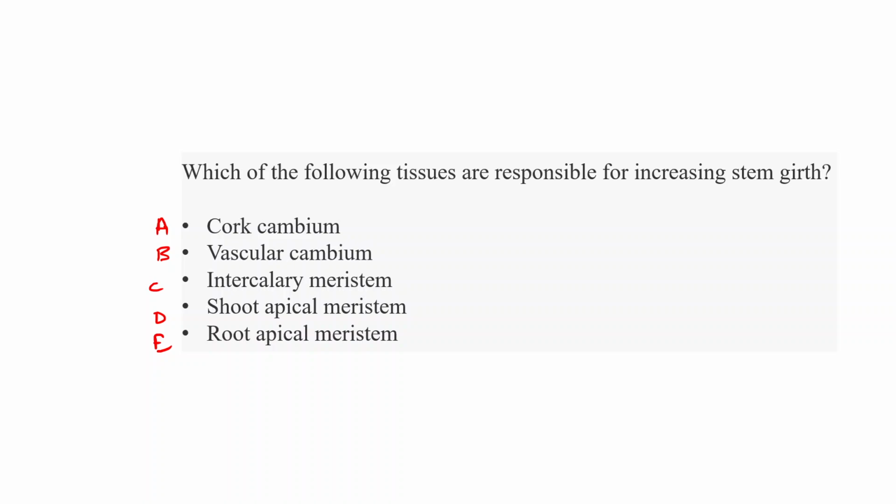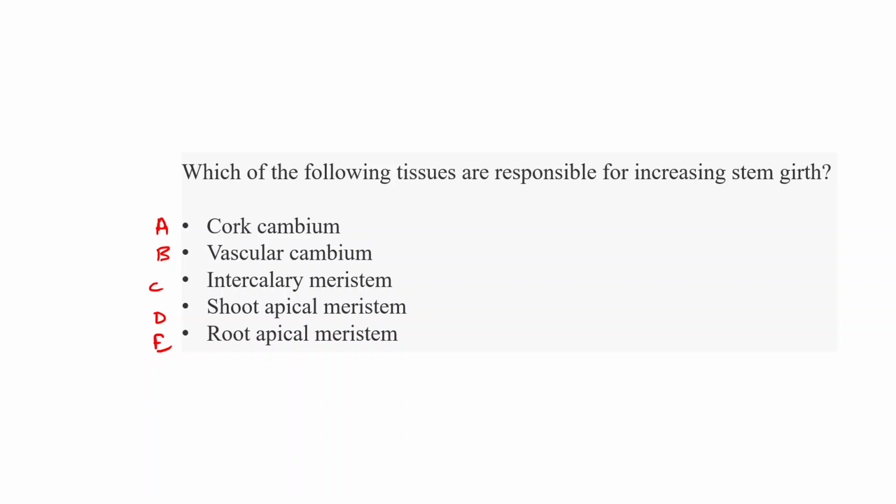Okay, so let us discuss this question. The question says, which of the following tissues are responsible for increasing stem girth? There are two correct answers for this question. The first one is vascular cambium and the second one is cork cambium. Why vascular cambium?